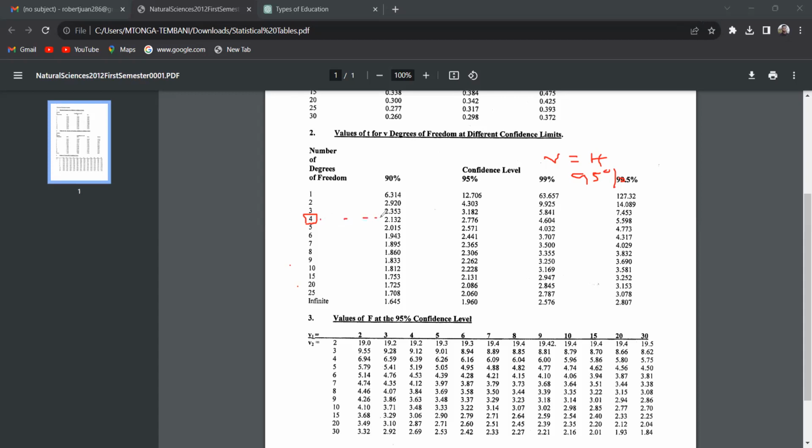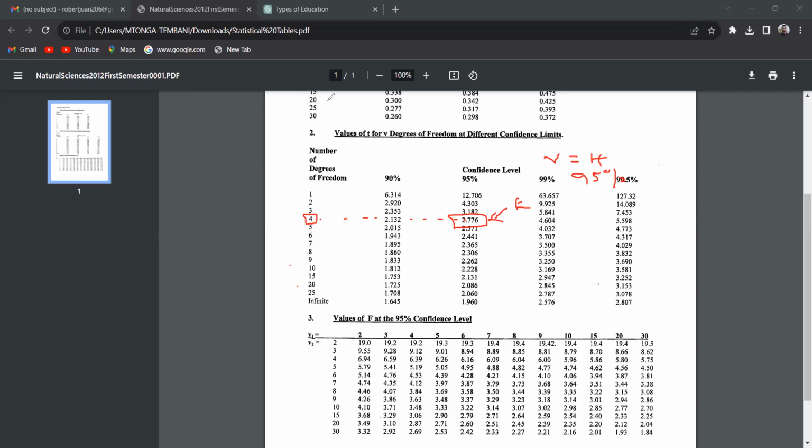So you come up to here, meaning that your T is this value. Therefore, when n is 5, the T value is this value here. That's how you get your T from the confidence limit level.